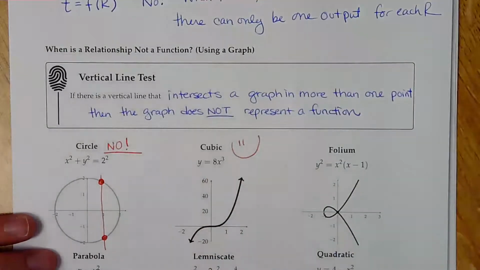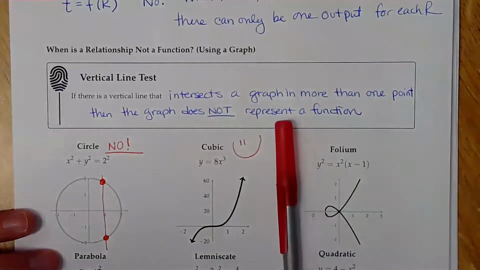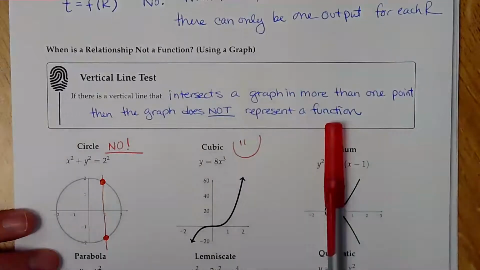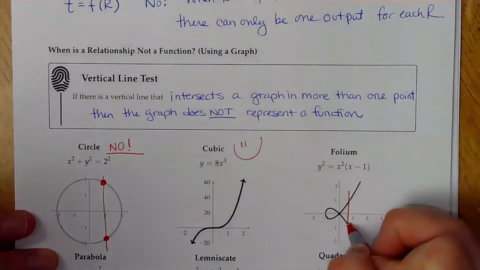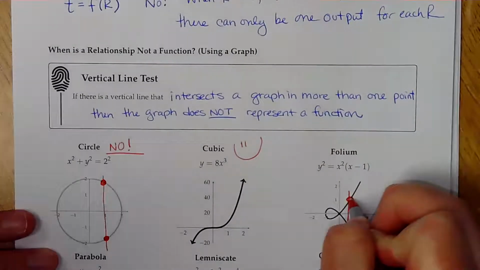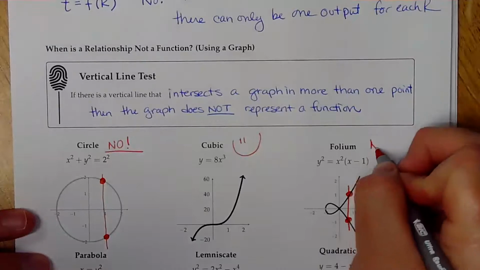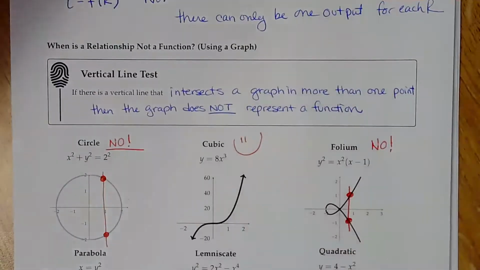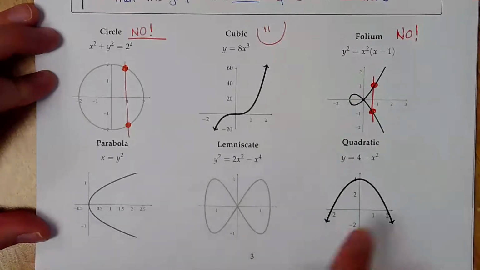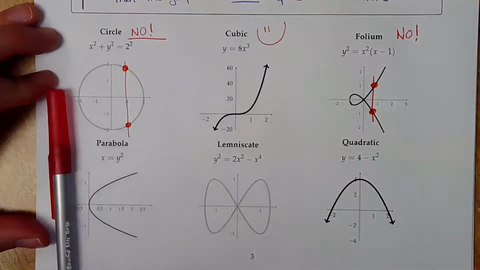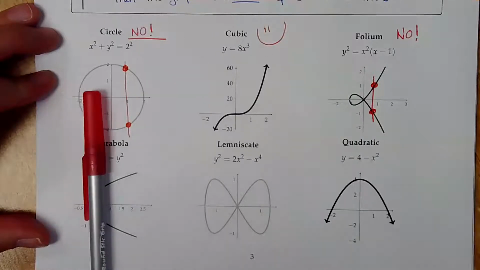Okay. This next graph is called a folium. As I go across, unfortunately, what I notice is that I'm touching in two places. So I draw my line in here, and I'll show why this doesn't work. Put a no here. And then let's look at this bottom one. I actually have two parabolas on here. We'll start with this sideways one. I bring my vertical line across.